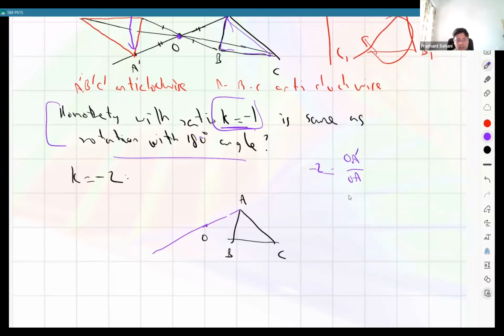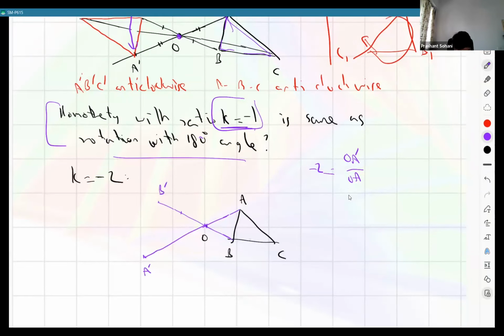So I need OA dash and OA to be of opposite signs, but OA dash has to be 2 times OA. So basically I'm taking OA dash twice as far as A. OB will also become OB dash, which is 2 times far away.